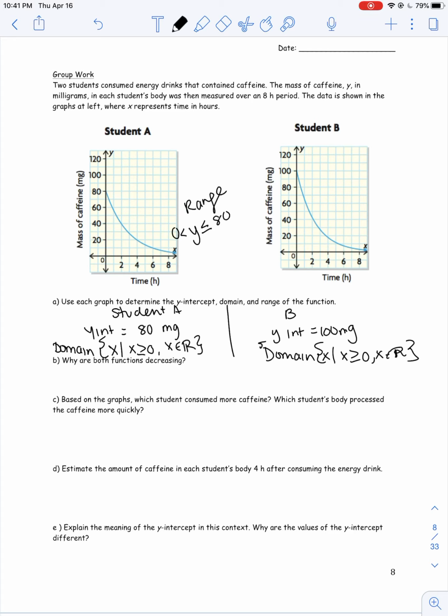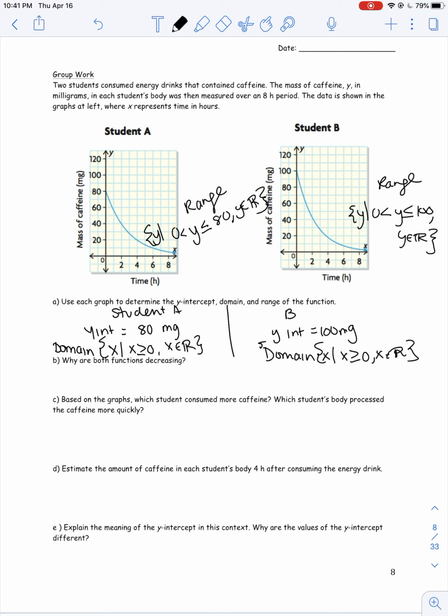So that's why we're saying greater than 0, but not necessarily touching it from what we see. And then our range for this one, we should always say y such that and y in the reals at the end, just for proper notation. Here we're going to say y such that y is greater than 0 but less than or equal to 100 milligrams, y in the reals. Okay, so that's your proper range.